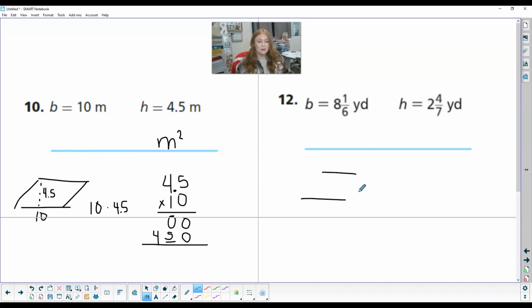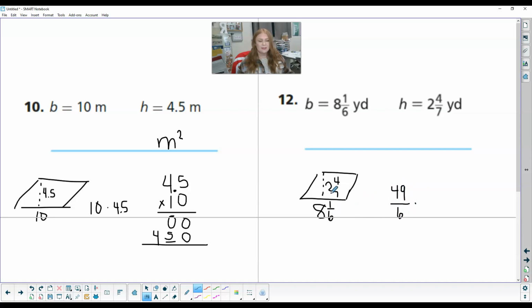Over here we have a very terrible parallelogram. Base is 8 1/6 and the height is 2 4/7. So base times height, so I need to make these improper. 48 plus 1 is 49 over 6.